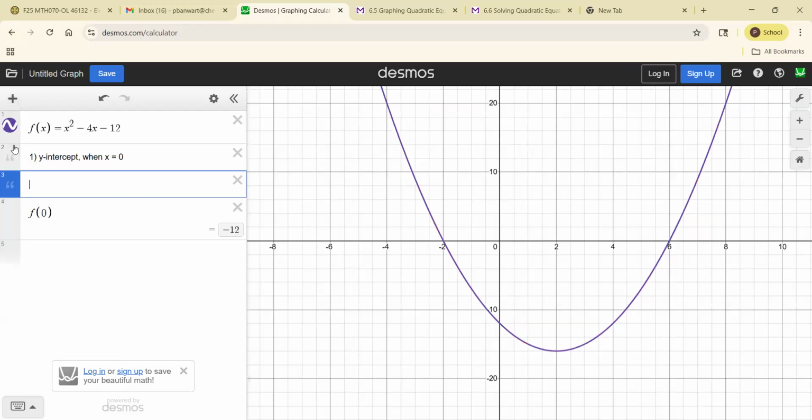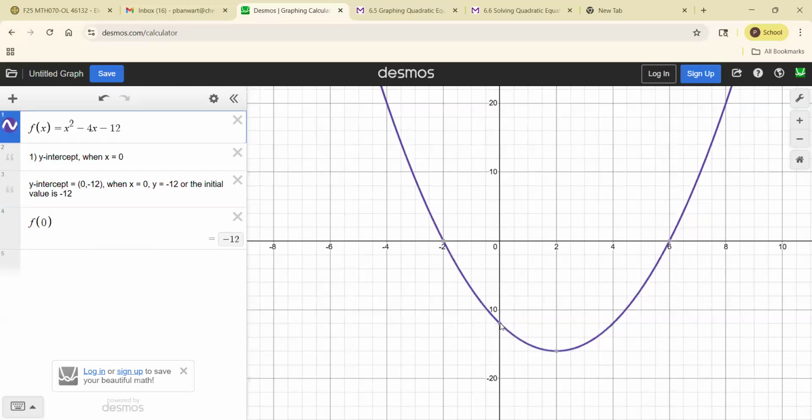So the y-intercept is 0, negative 12, which means when x equals 0, y equals negative 12, or the initial value is negative 12. And it's really easy to see if you click on your graph. Desmos usually gives you x and y intercepts for free. There it is, 0, negative 12.